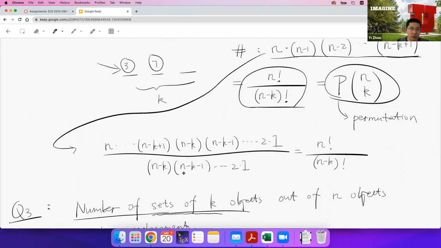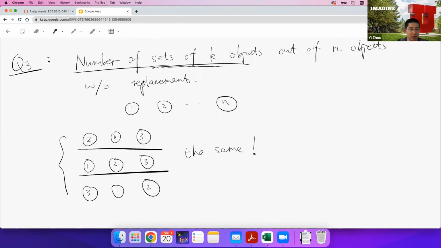So in question 2, these 3 scenarios will be treated as different ordered lists because although this list contains the same set of elements, their ordering is different, right? And in question 2, we care about ordering, so we count these 3 scenarios as different cases. But in question 3, we no longer care about the permutations among these K objects.